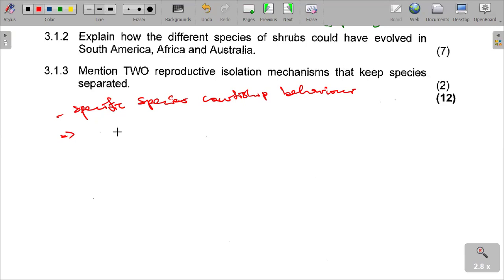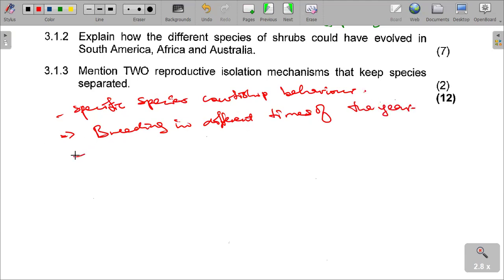It can be breeding in different times of the year. It can also be because of adaptation to different pollinators.